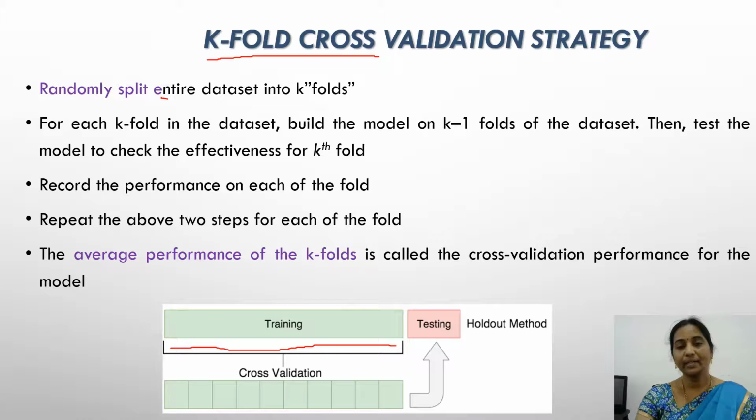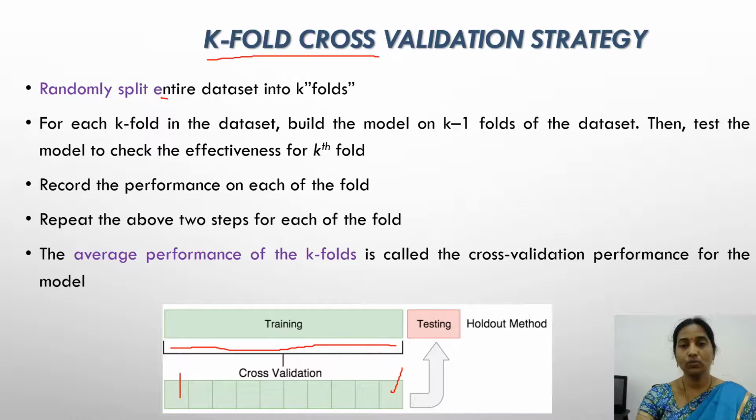In the next iteration, we consider another split as the test split, and on the K minus 1 splits we apply the training. This is repeated K number of times if there are K splits, till we reach the last split for testing. The average performance of all these K folds will become the cross validation performance of the model.